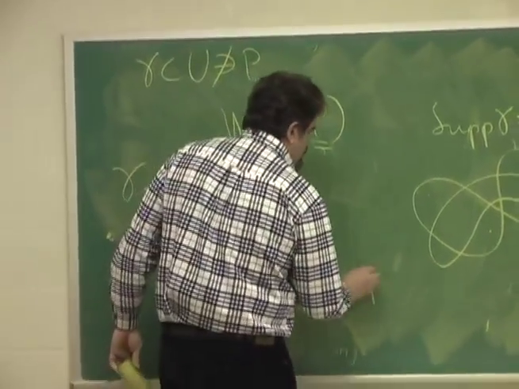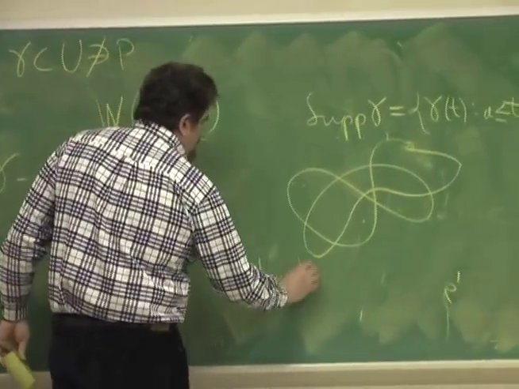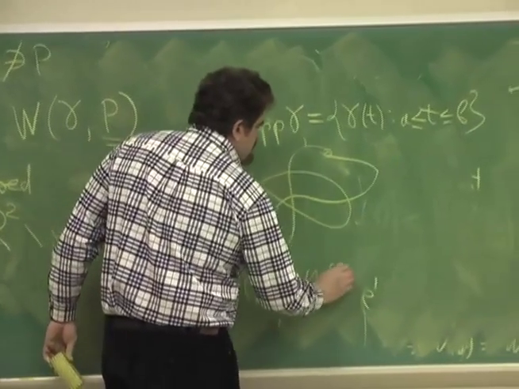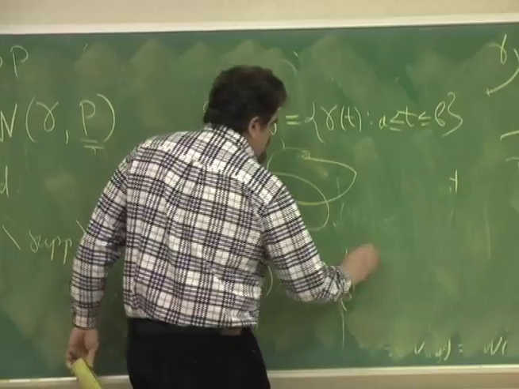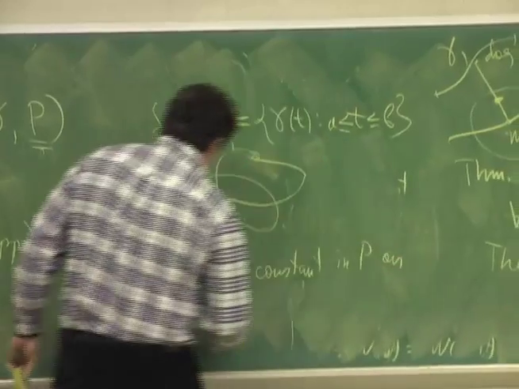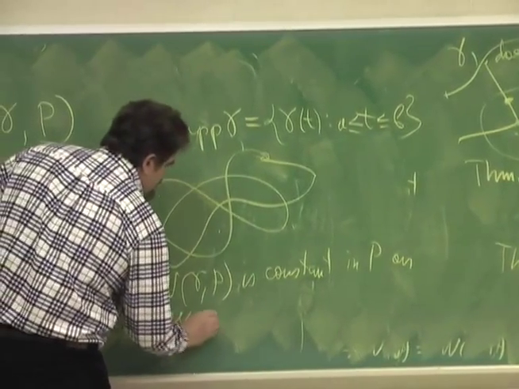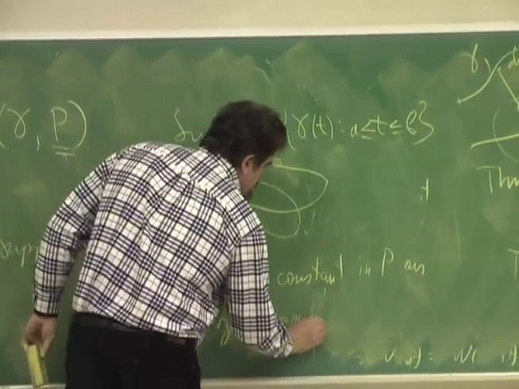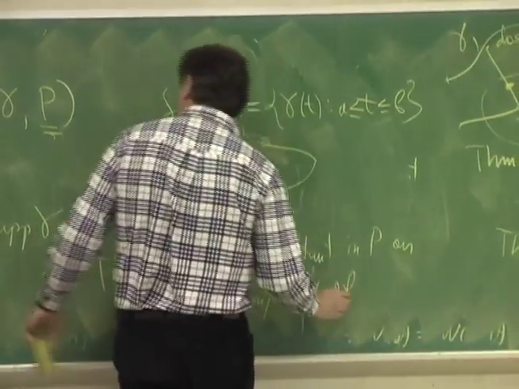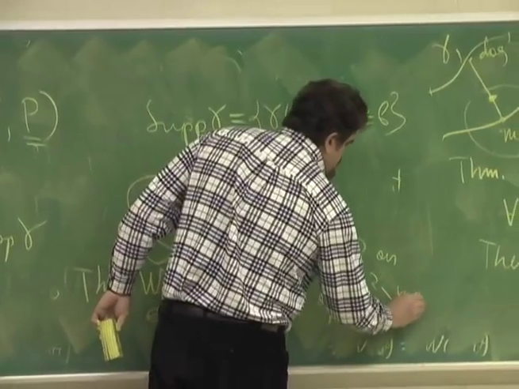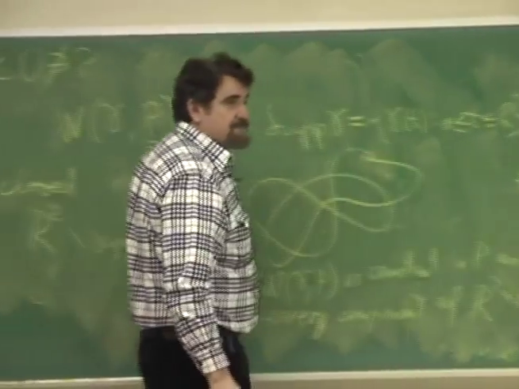Theorem. The winding number of gamma around P is constant in P on every component of R2 minus the support of gamma.